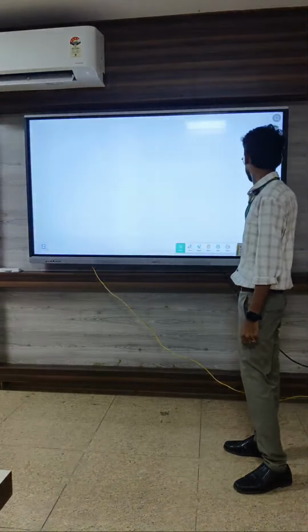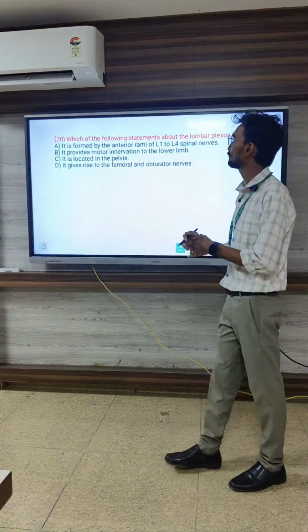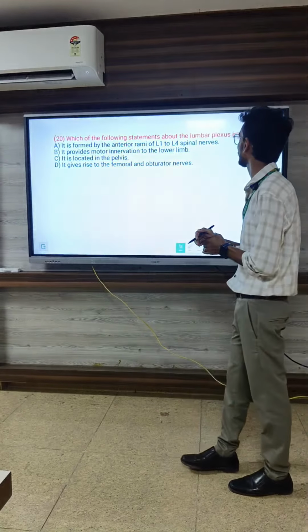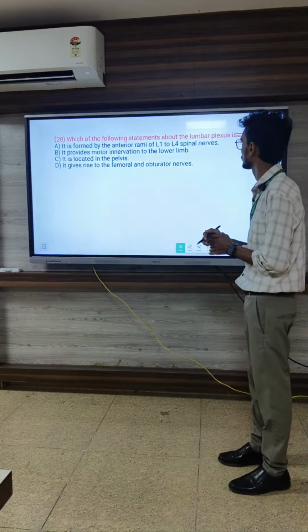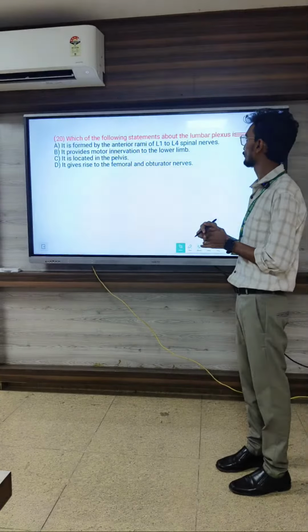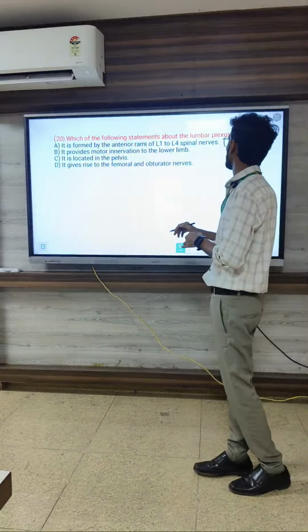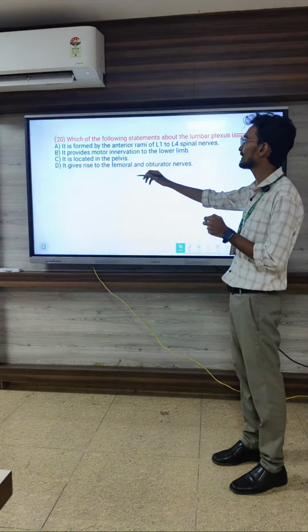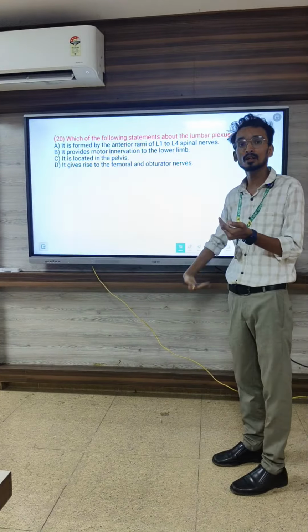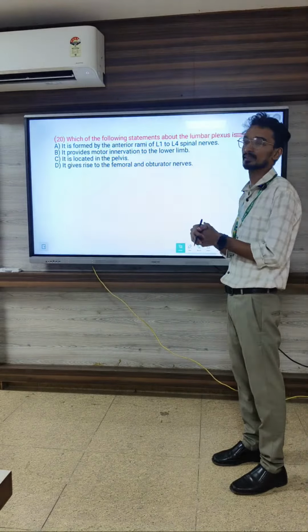Moving to the last question of the session. Which of the following statements about the lumbar plexus is correct? Option A, it is formed by the anterior rami of L1 to L4 spinal nerves. Option B, it provides motor innervation to the lower limb. Option C, it is located in the pelvis.